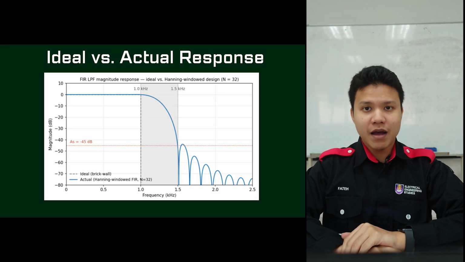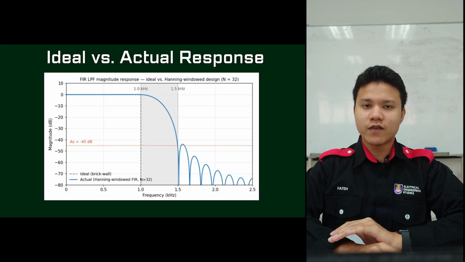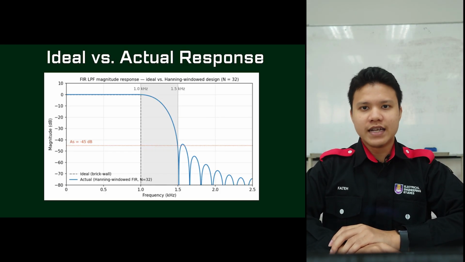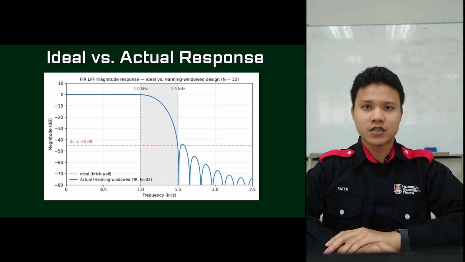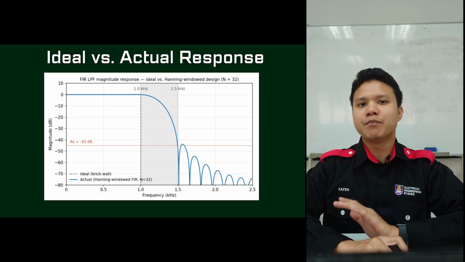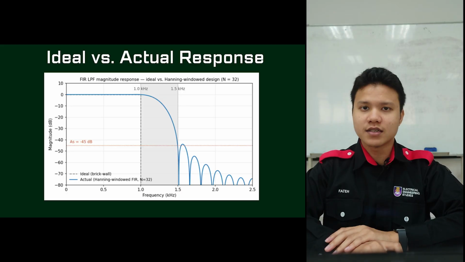Before looking at the math, let's analyze the overall magnitude response shown here in Figure 1. The dashed line represents the ideal brick wall low-pass filter. As we know, an ideal filter requires an infinite impulse response, making it physically impossible to realize in a causal system.